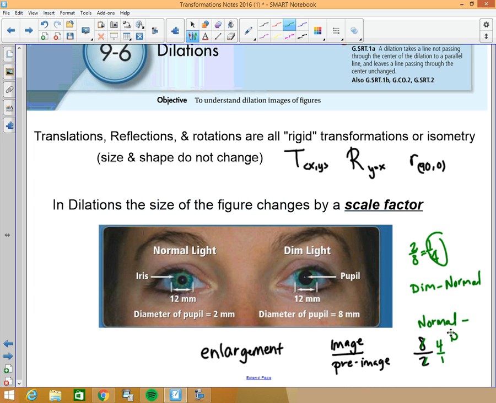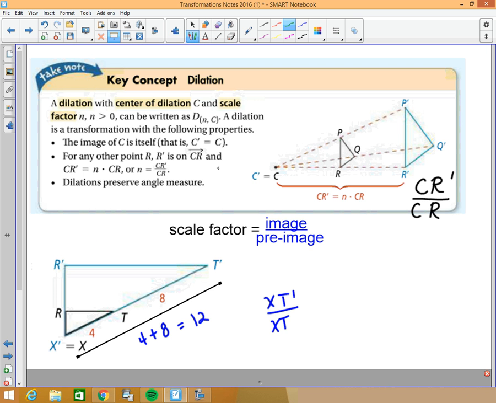Okay, so if we look at an actual dilation with a geometric figure, we're going to use a central point or a common point of C. And we're going to measure the distances from C to R and from C to R prime so that we can get this scale factor, this relationship between the two.